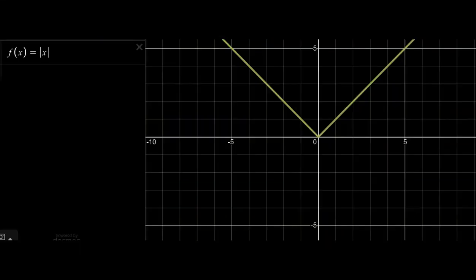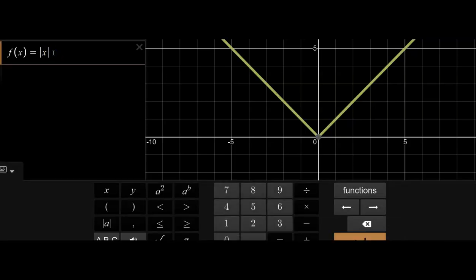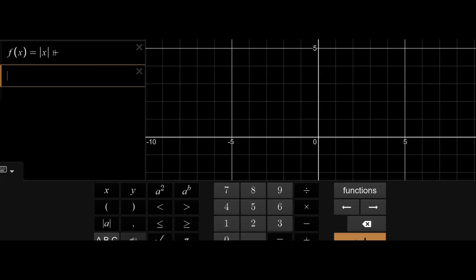All right, so here we are in Desmos. What happens if I say, here's the absolute value of x, as you have seen, that's the parent graph. What happens to this graph if I say plus 2 to this graph?